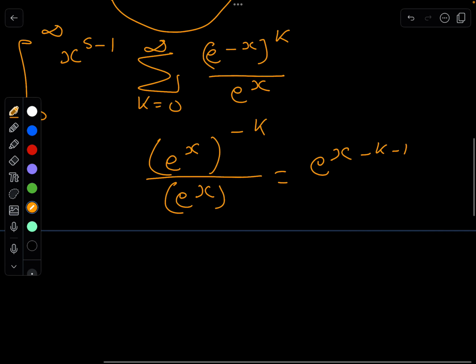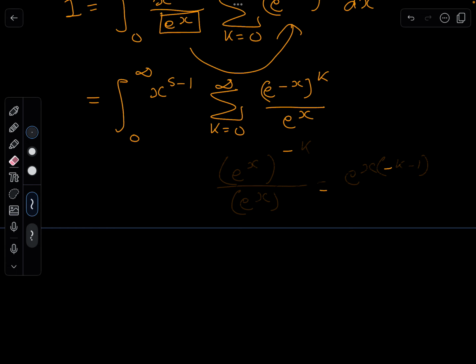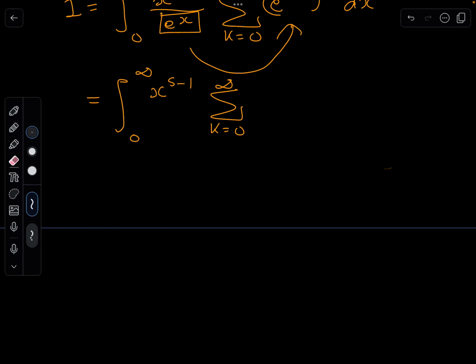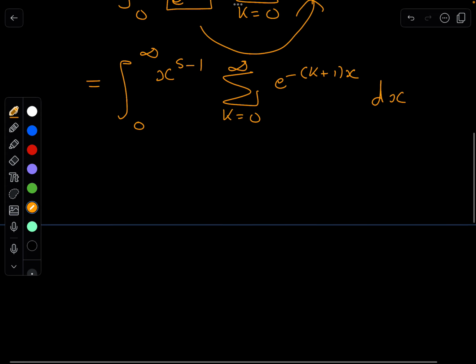I can rewrite that in a much nicer, cleaner way. So the sum is now e to the minus k plus 1 times x, dx.